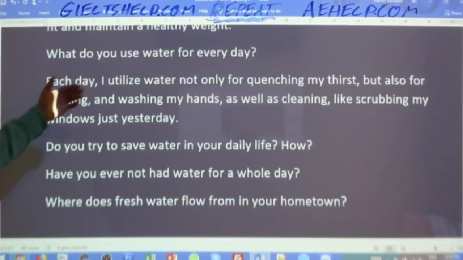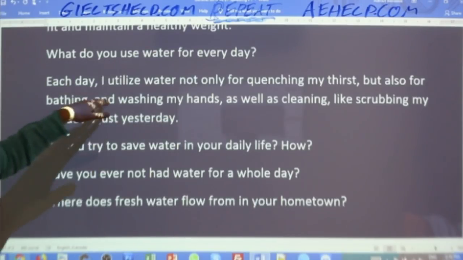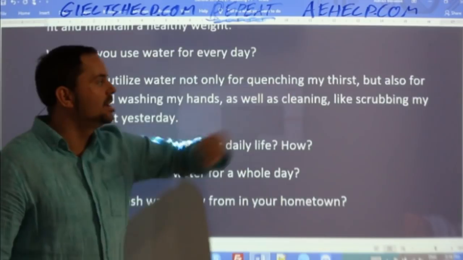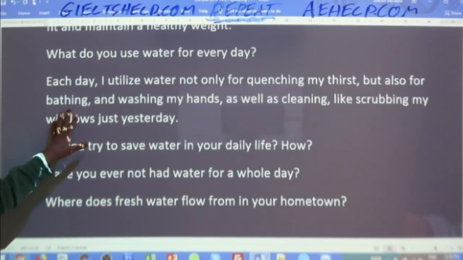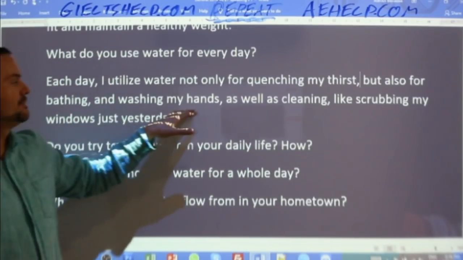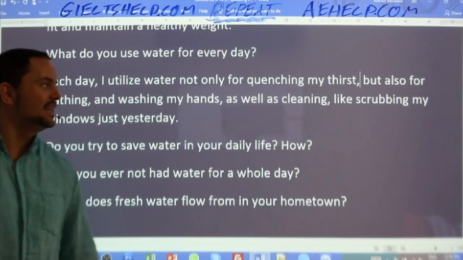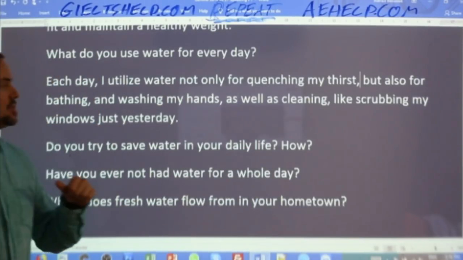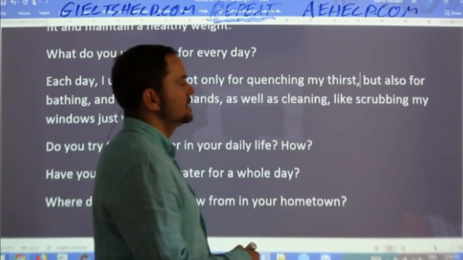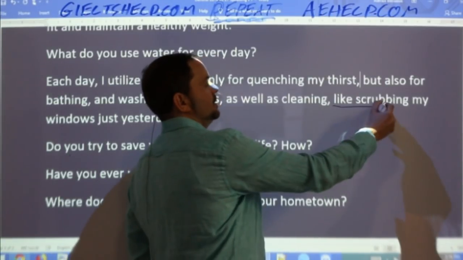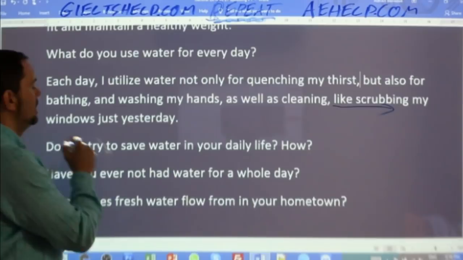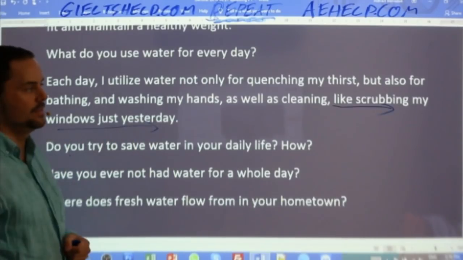Okay. So again, repeat me, students. Each day I utilize water not only for quenching my thirst, but also for bathing and washing my hands, as well as cleaning, like scrubbing my windows just yesterday. Look at this, Amin. Look at this little sneaky example that I just throw in there, okay?